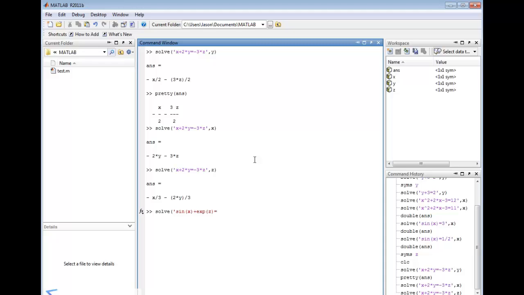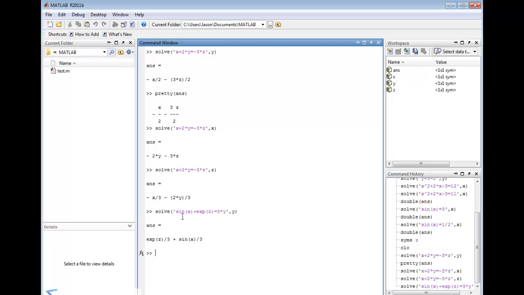Let's make it equal 3 times y. So this is an equation. It's kind of complicated because we have the x variable wrapped up in a sine, we have the z variable wrapped up in an exponential e to the power of z, and then we have y over here. Now if we solve it for y, it's pretty simple because y is already over here, so we just divide by 3, and MATLAB can take everything and basically divide by 3 and isolate for y.